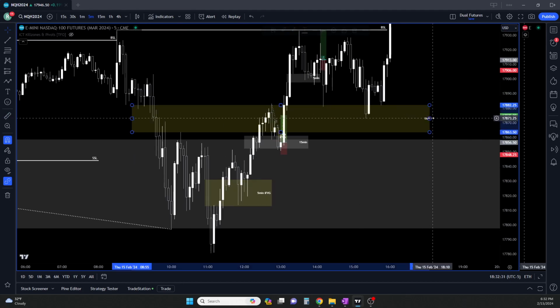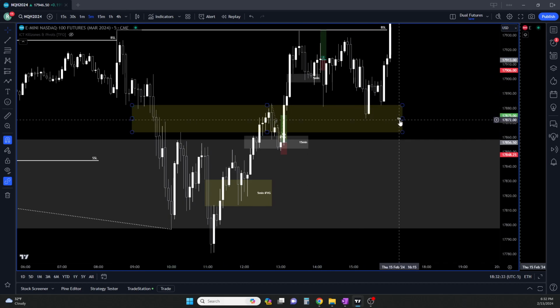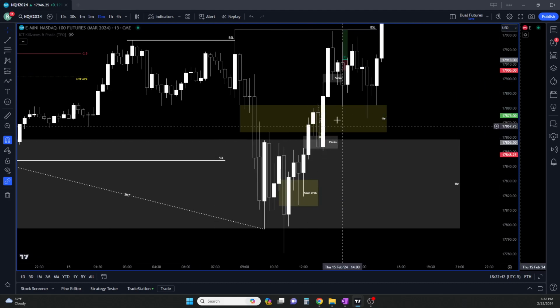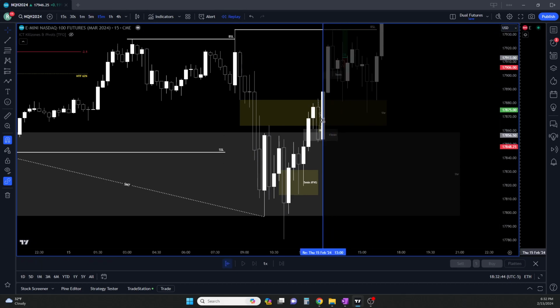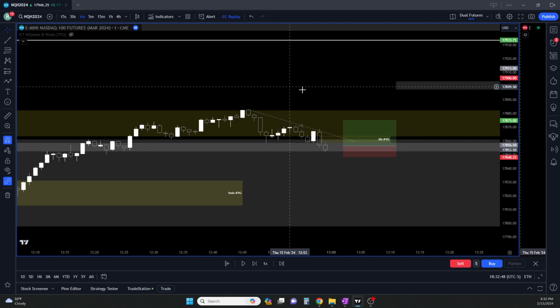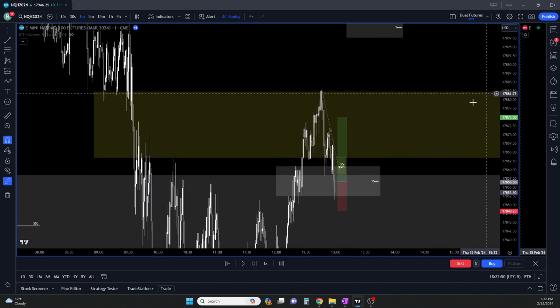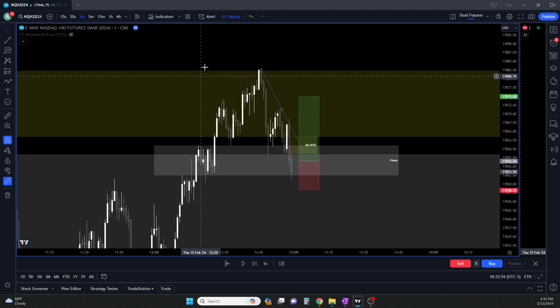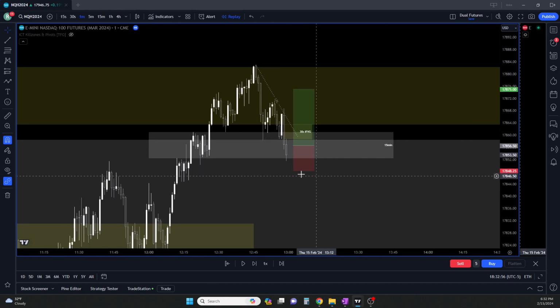And then we have this 1 hour fair value gap. So at this point in time, we had this 15-minute fair value gap, and we're at this 1 hour, right? So we're retracing off of this 1 hour, and basically for me here, I was looking at this, saying like, this is the pivotal moment.